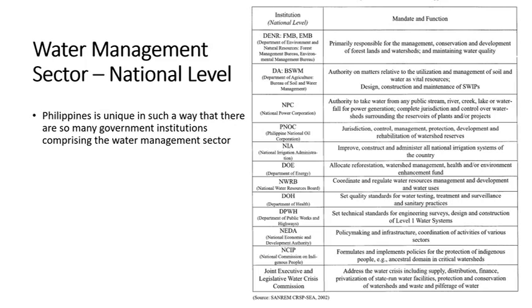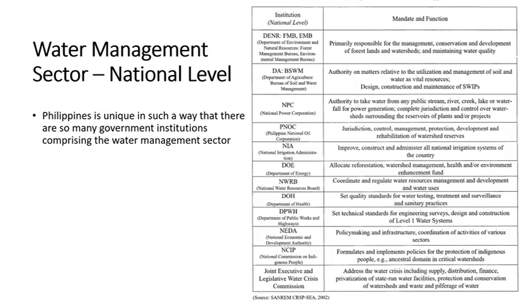Now let's look at the management sector. Okay, so you can see here how messed up our management of water is. We have so many government institutions involved in the water management sector. I can't even count them with my fingers.